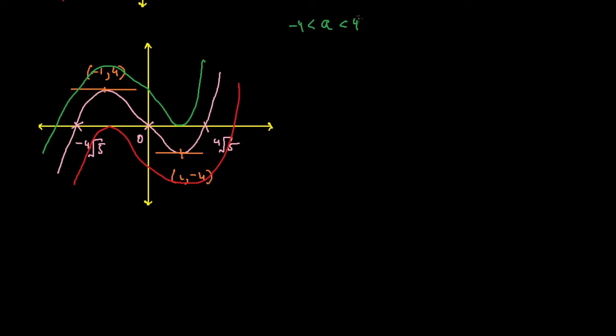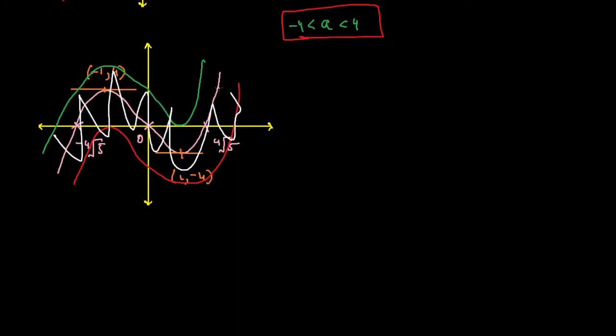So we can say that whenever a is between minus 4 and 4, the graph must lie in this region over here. Try to visualize that if this graph lies between this region, we can say that the graph must cut the x-axis at 3 points exactly.